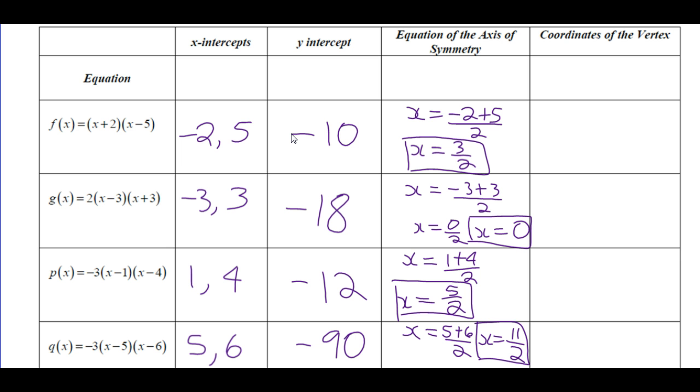What is this? This is the equation of the axis of symmetry. It is also the x coordinate of the vertex. So we know the vertex occurs when x is 3/2. What's y? Well, y is equal to 3/2 plus 2 times 3/2 minus 5. I'm going to actually show the work here, right?